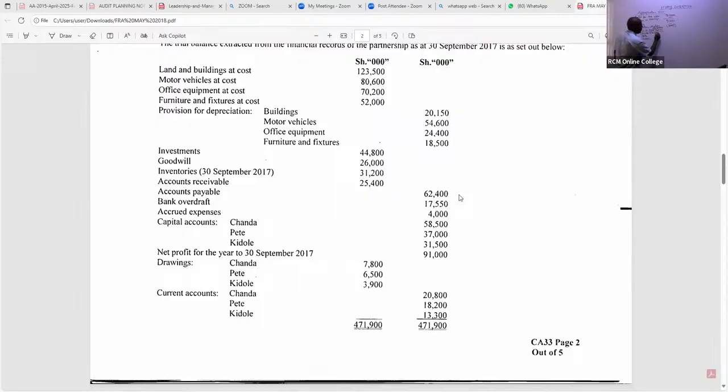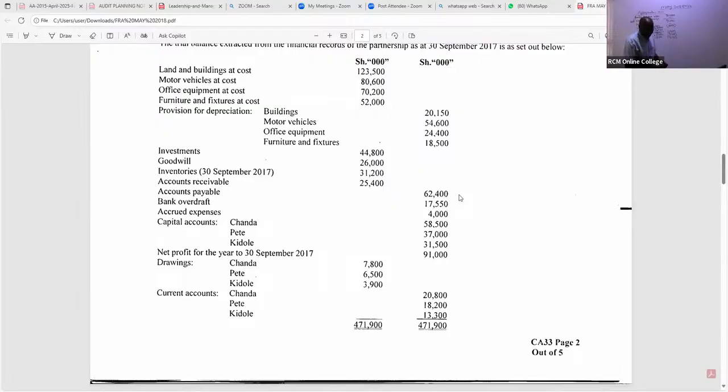Pete is getting 10% of 37,000. Then we have Kidole, who is getting 10% of 31,500. So we have 5,850 in brackets, 3,700 in brackets, 3,150 in brackets like that.